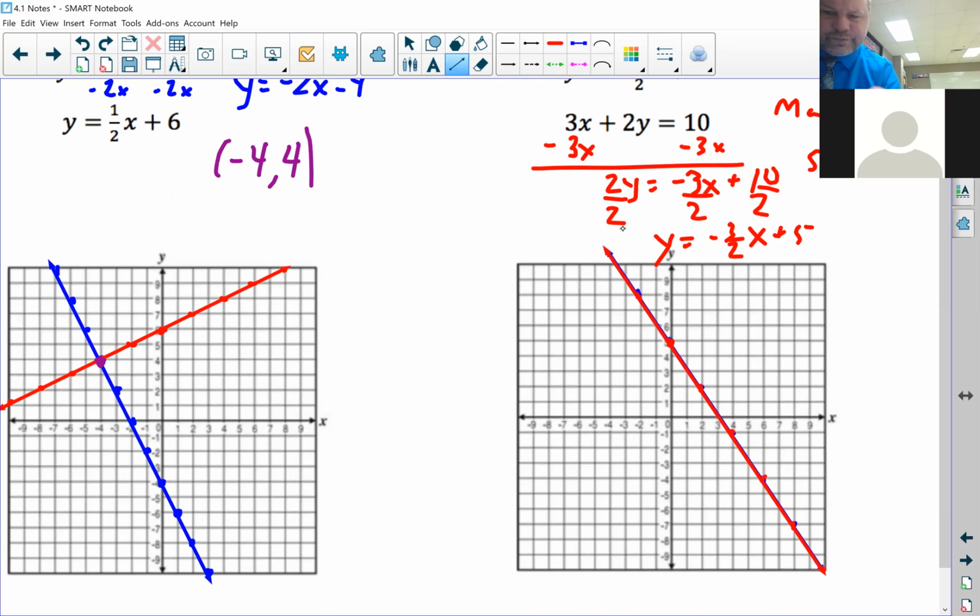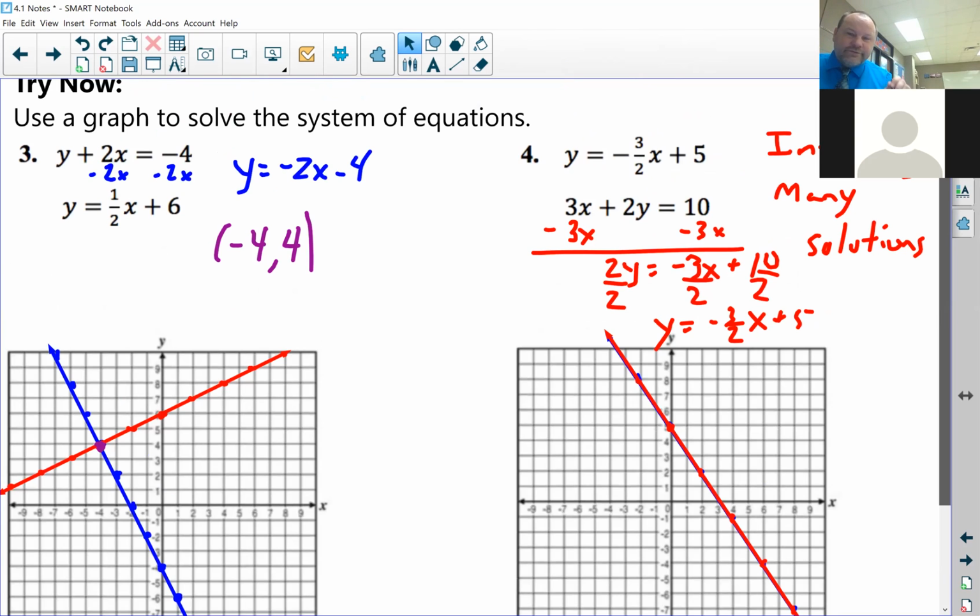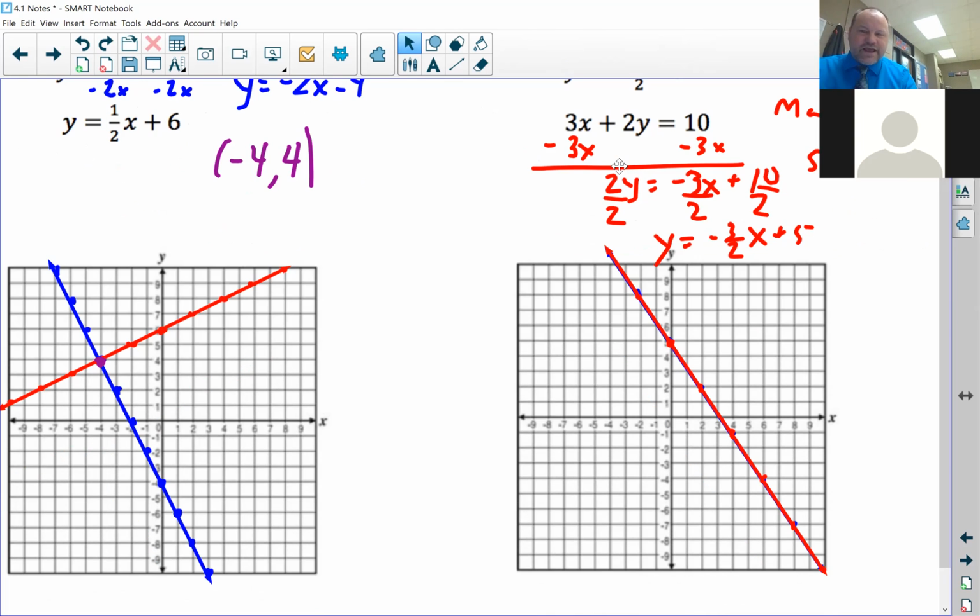So the difference in the equations for infinitely many and no solutions is, for infinitely many, the equations are exactly the same.